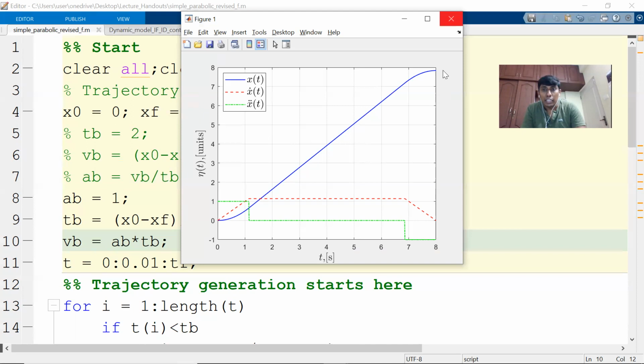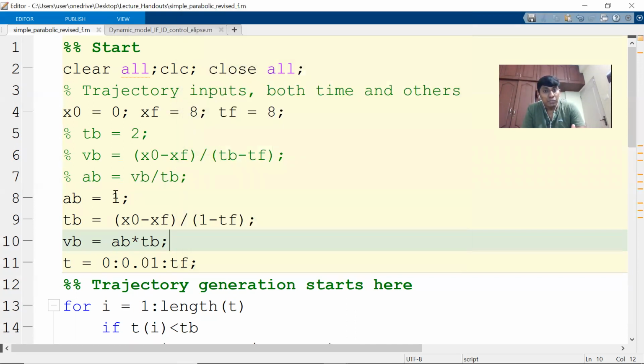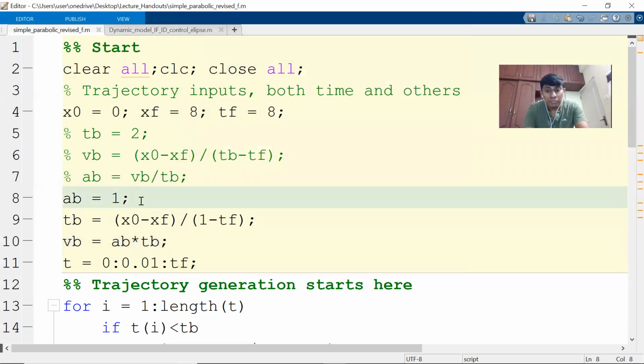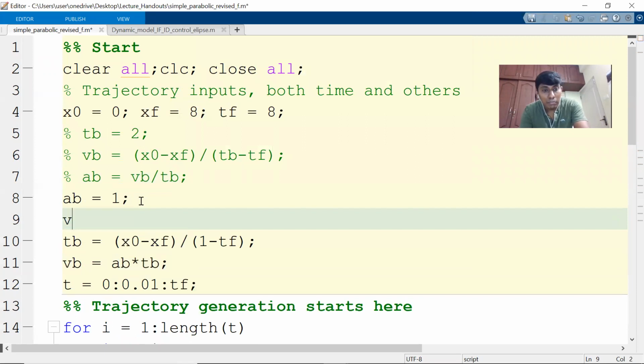So now if I increase this to probably 2, then I have to modify. So you can write VB, so TB is actually like P, so I'll write VB is actually AB into TB, right? Okay, so if I substitute, what happened? It would be a quadratic equation, right?